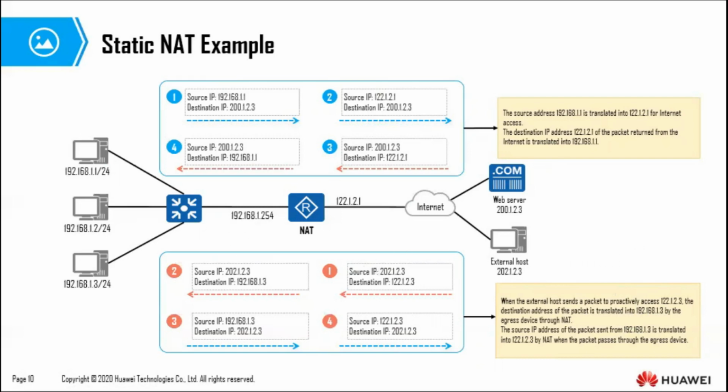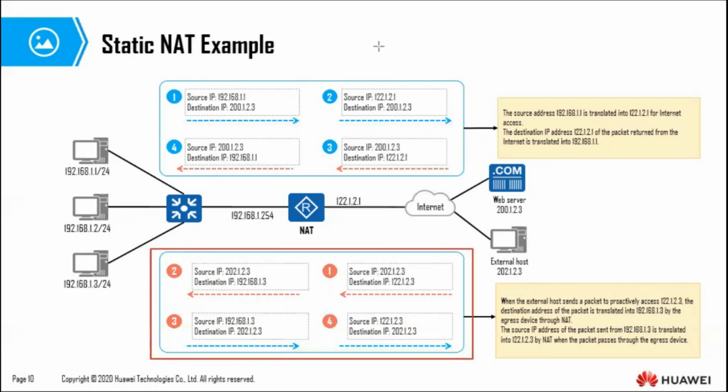Okay. So in this second example, we have an external host that wants to access our internal host 192.168.1.3. So the destination IP address is going to be the public IP address 122.1.2.3.